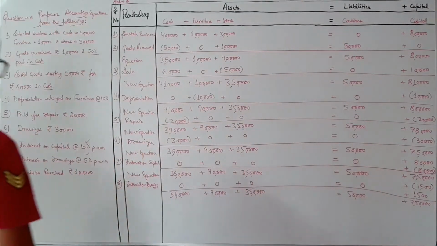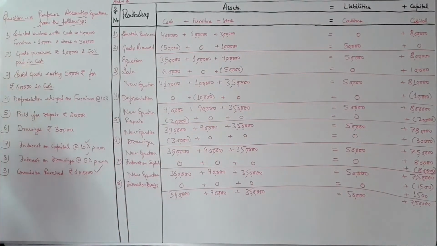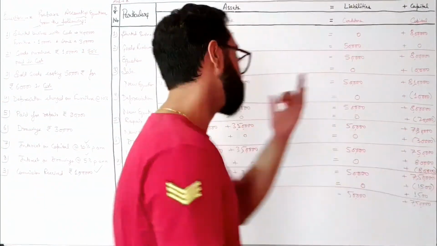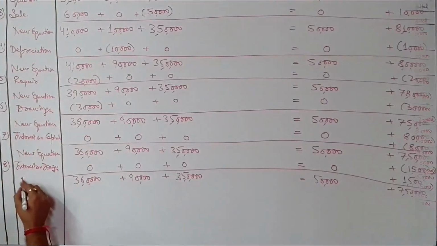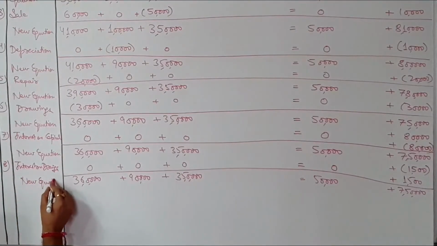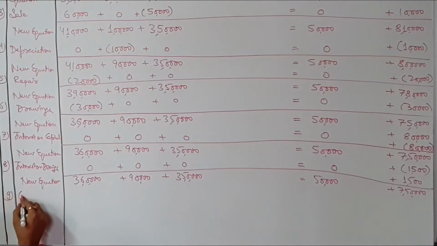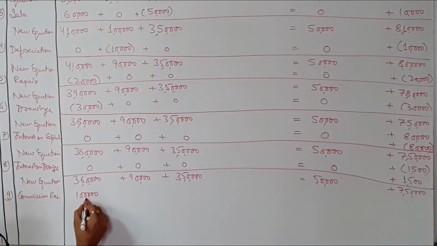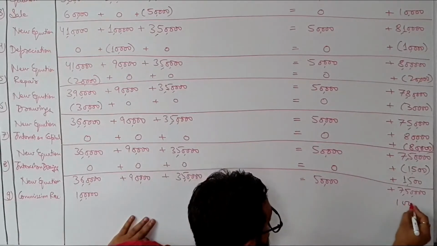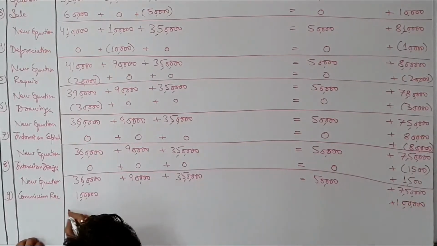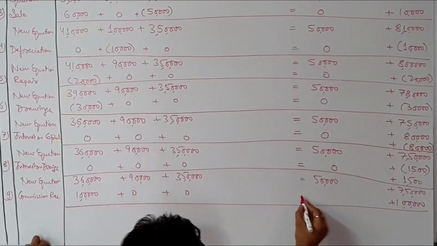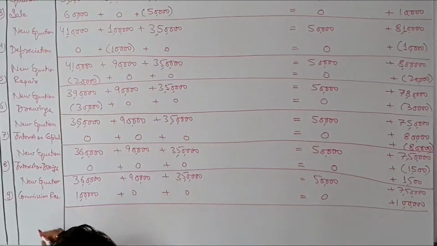7,50,000. Now the last is commission received, rupees 1 lakh. Now it is an income. So it will be added in cash and in capital simultaneously. So the last is commission received, 1 lakh rupees, and here 1 lakh rupees as income. Where there is nothing written, 0.